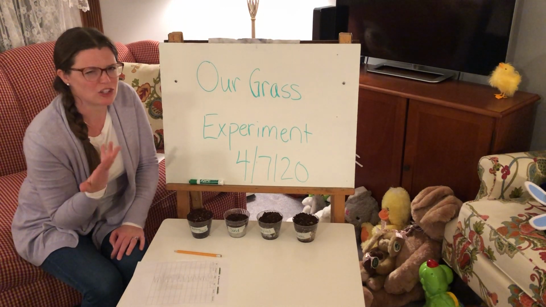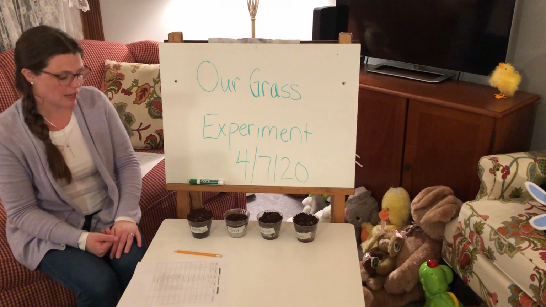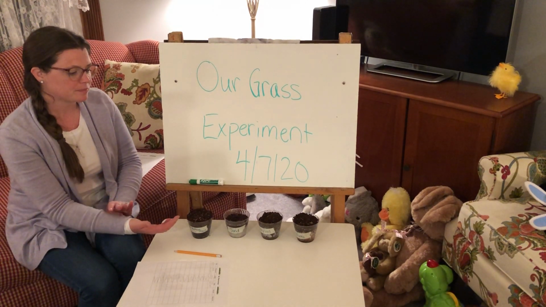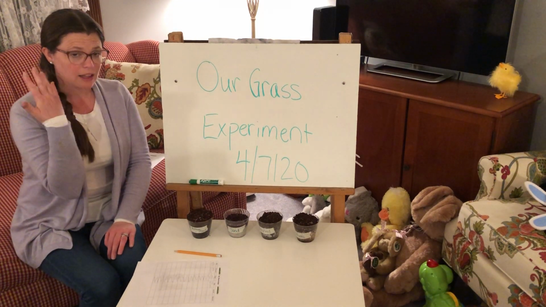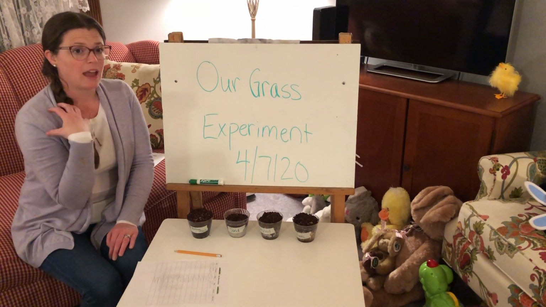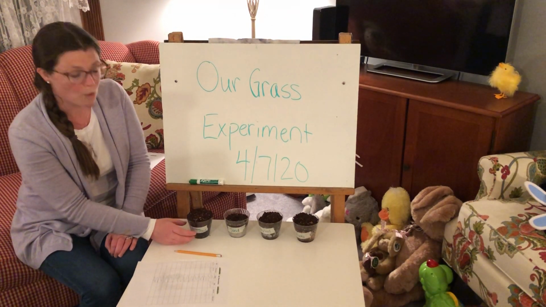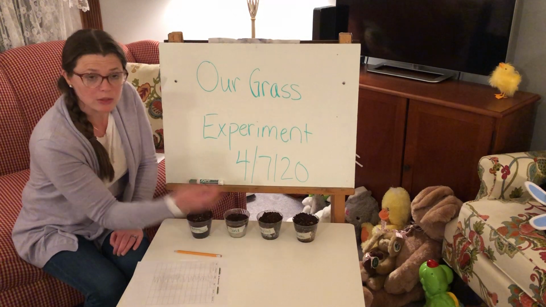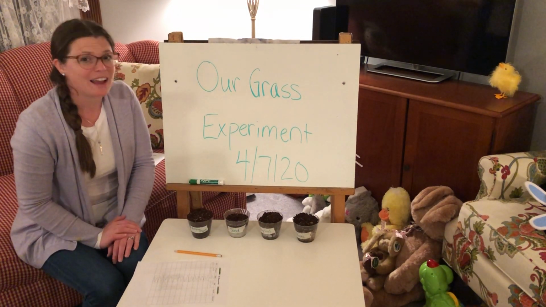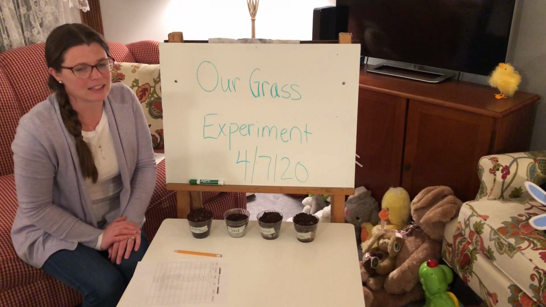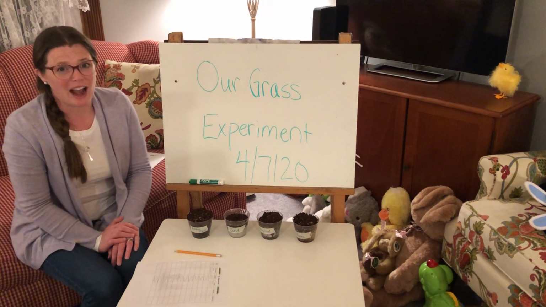So not too much to see, but very soon we will start to notice how the different soils affect how quickly the grass grows, how thick it is, and it has to do with how much water each one holds, the kind of nutrition that each soil has, and we will be talking about all that stuff during this unit. So I'm really excited to see our grass start to grow.